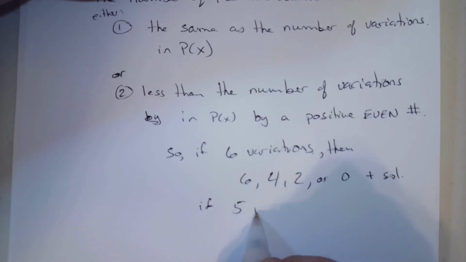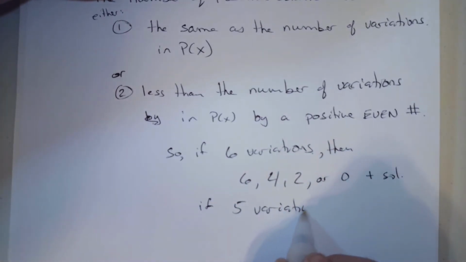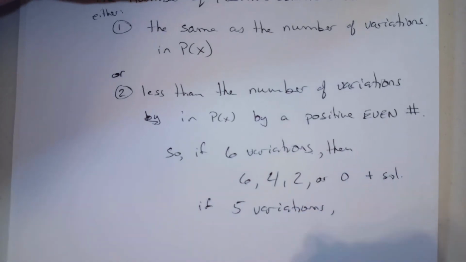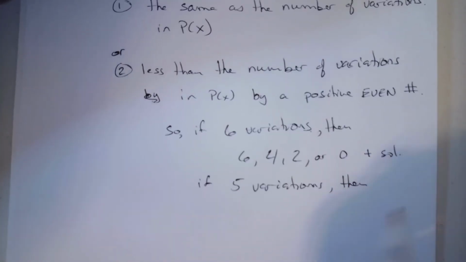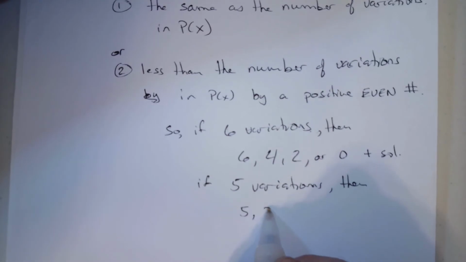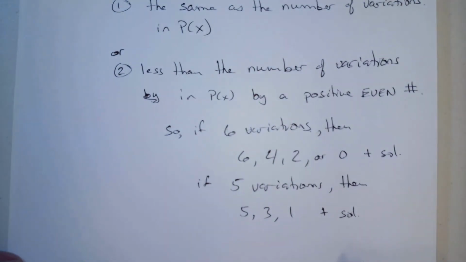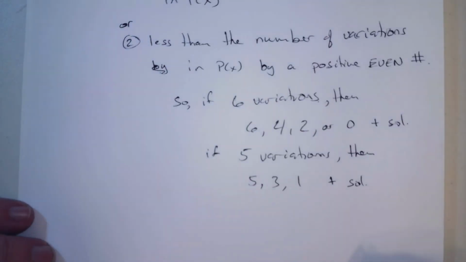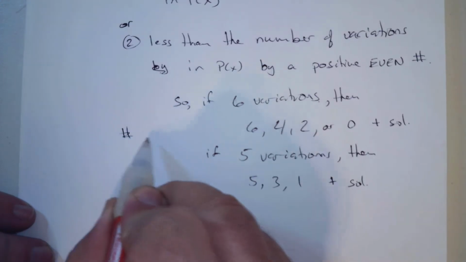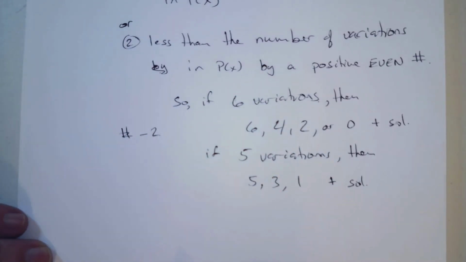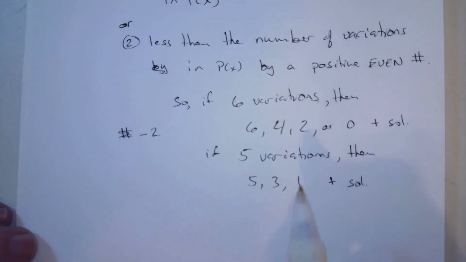If 5 variations, then 5, 3, 1 positive solutions. So it's whatever number you have minus 2. And you keep on going down.